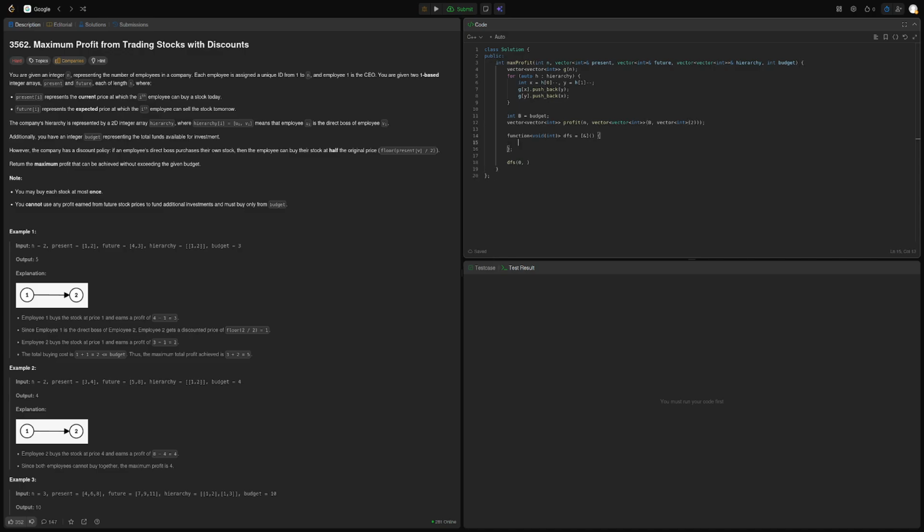I think this means that we don't know our parent, and so we keep the parent, we keep whether we bought from the parent or didn't, and then our budget left is B, or budget used, sorry, so what we use.